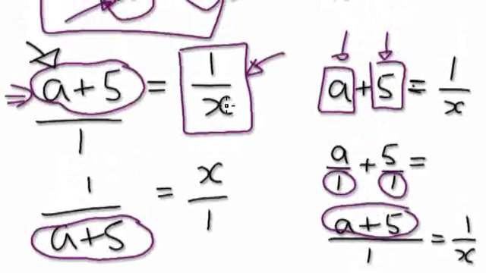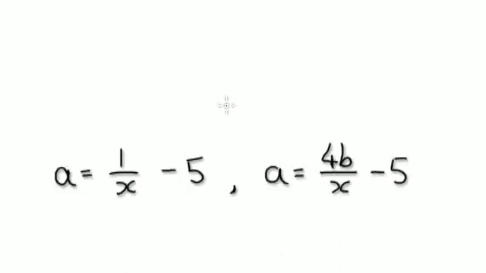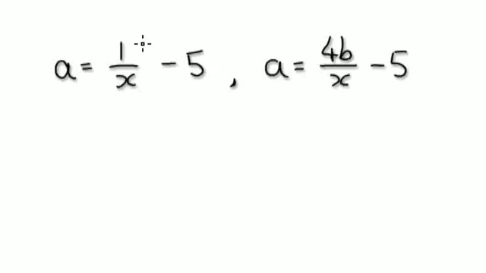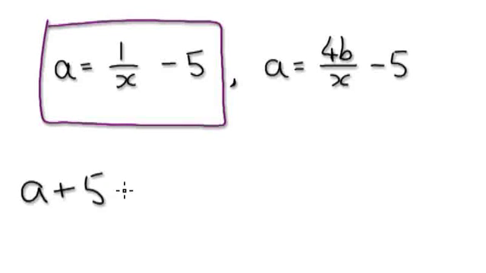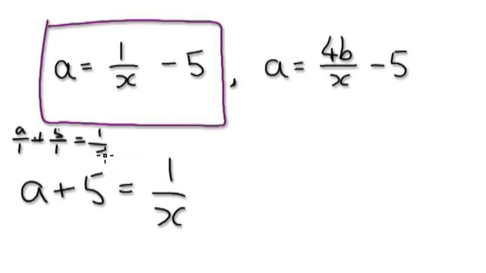So let me do this again. Okay, this one here. This was our original problem here. So here, add 5 to both sides. So a plus 5 equals 1 over X. Now you could turn these two into fractions, 5 over 1 equals 1 over X, and then merge the two fractions.